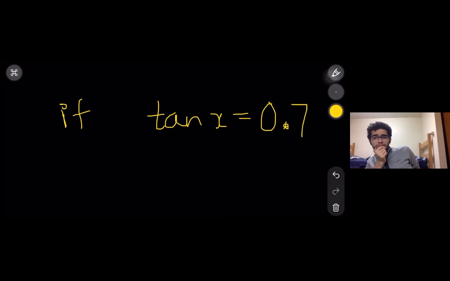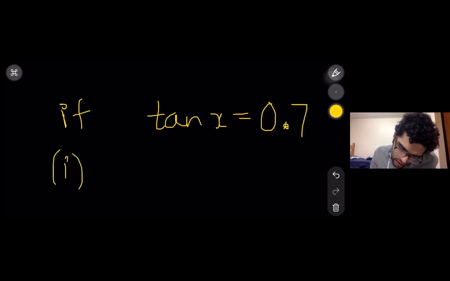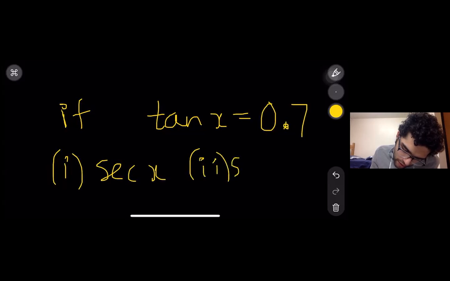Okay, if you know that tan of x is 0.7, would you be able to calculate, first question, secant of x, and second question, sine of x?